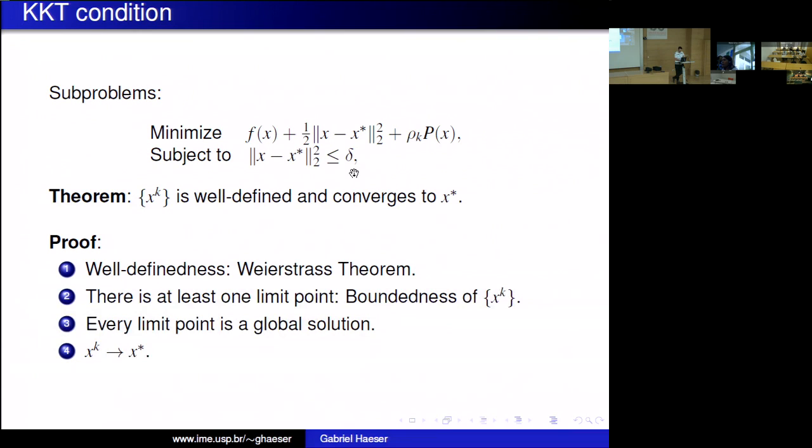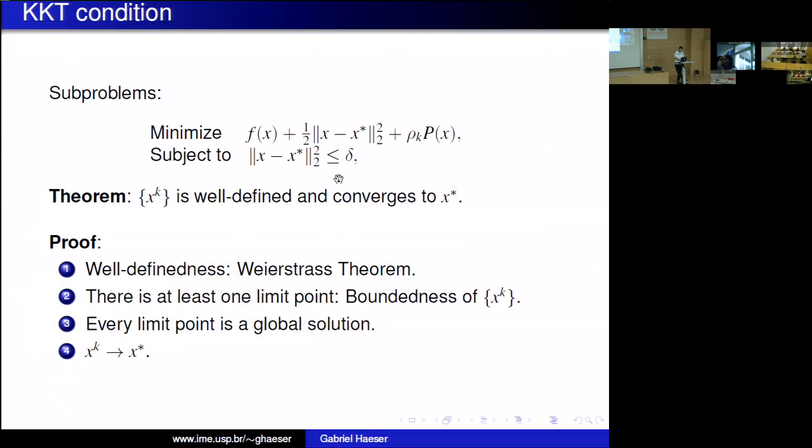So you get well-definedness by the Weierstrass theorem. In particular, the sequence xk that is well defined always belongs to this set omega bar. It's defined as the solution for the parameter rho k. You get the solution xk that is a feasible point for this problem.